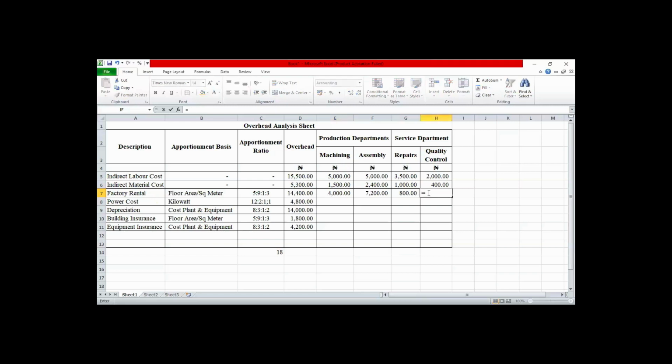The last one, 3 divided by 18 times 14,400. One needs to be very careful. What do you have? Correct.